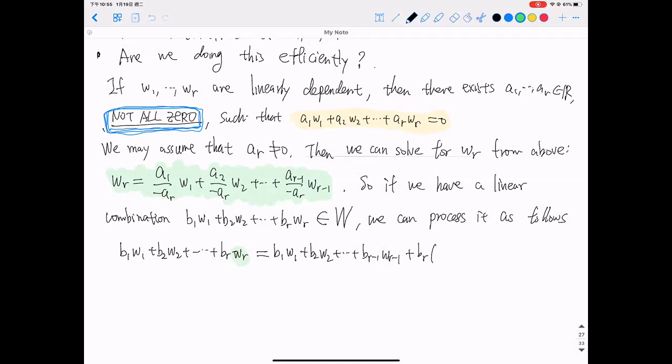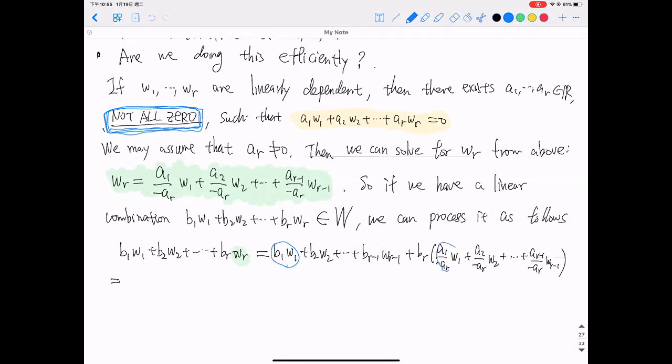Now I can rewrite this by collecting terms proportional to the same vectors.